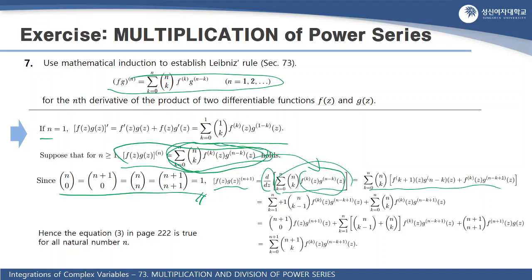Here there are some typos here, in the index k and the (n-k)th derivative of g. So we get this, and further rewrite this by using this fact. Then we get this here.